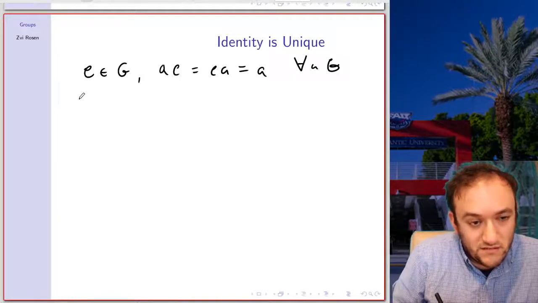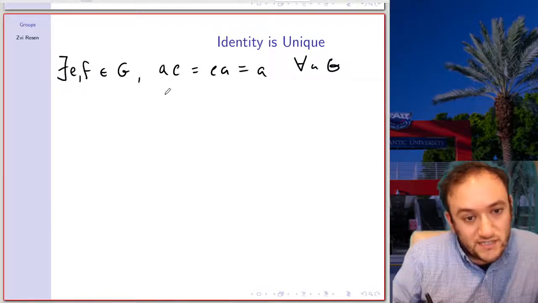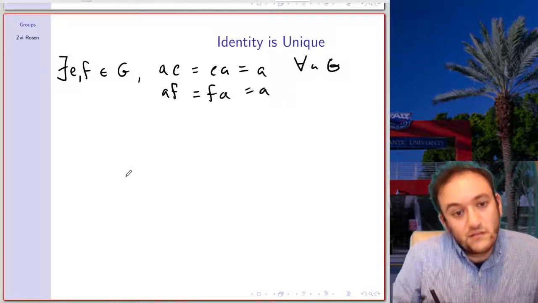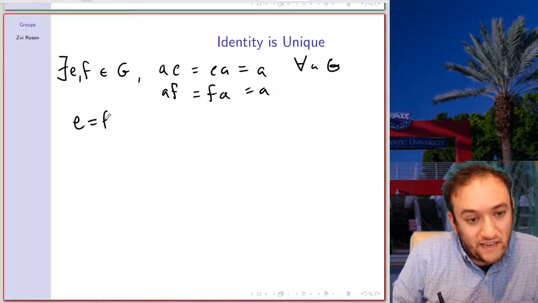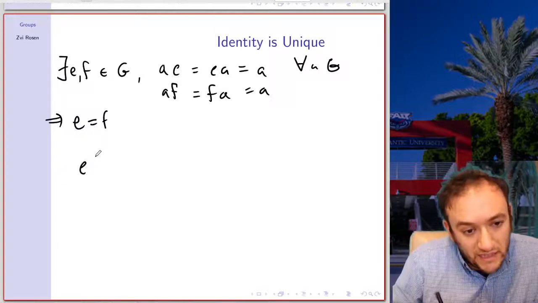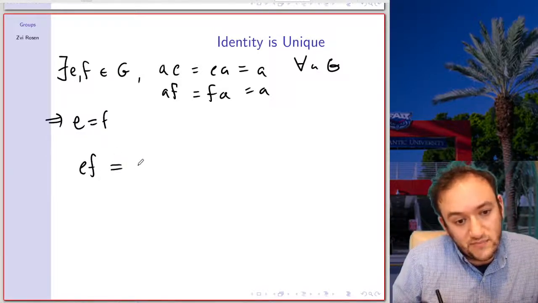So if there exist E and F in G such that both satisfy these properties, then E equals F. It's not hard to get this. In particular, you know that EF, because F is the identity, has to be equal to E.